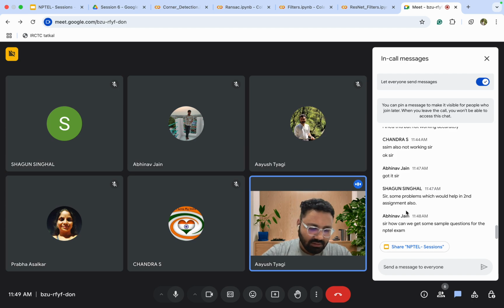If you search for books on computer vision, you will find good books. If you want, I can post a few of them in the discussion forum, and you can refer to them. But I don't have access to those questions.